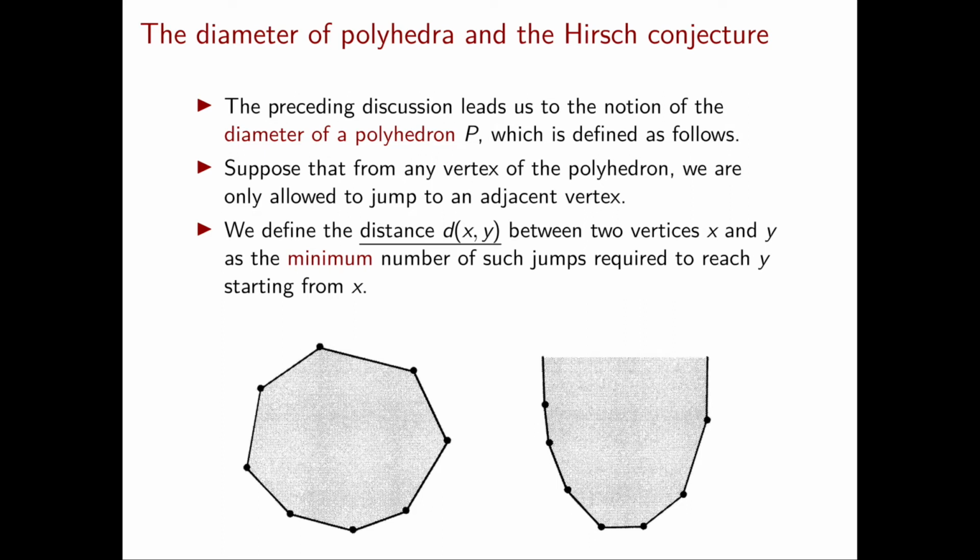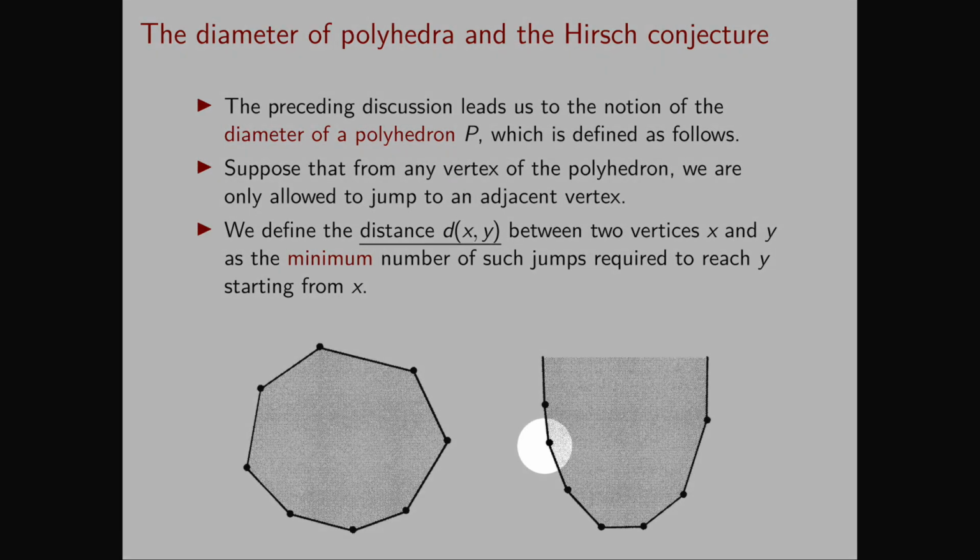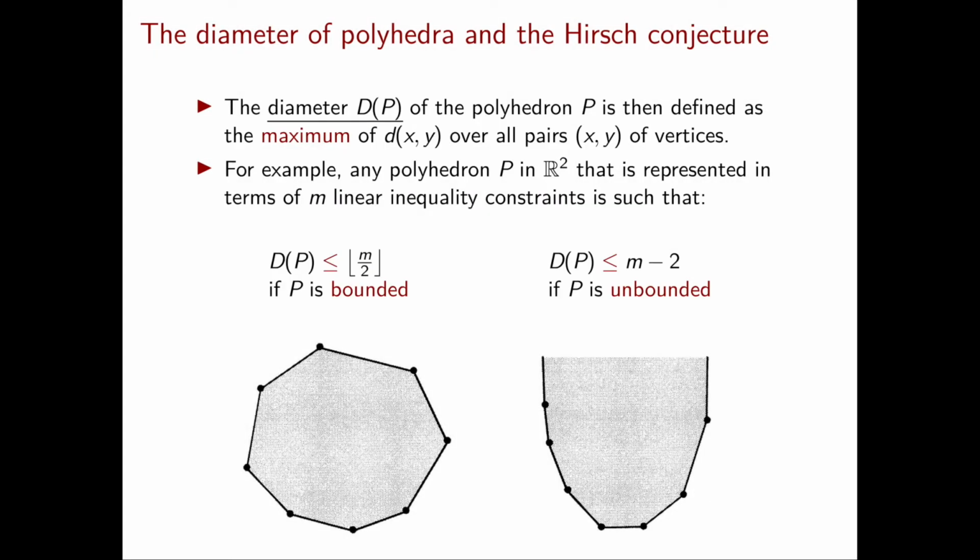If we look at the polyhedron on the right, which is unbounded, then for every pair of vertices x and y, there really is only one choice on the path that we can take from x to y. So for example, if this one is x and this one is y, then the distance is 1, 2, 3, and 4.